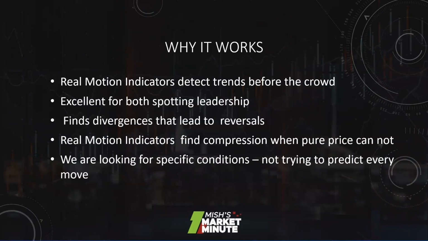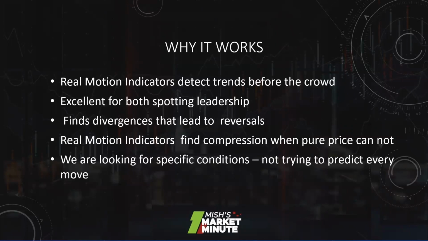So here's why it works. For one, it's a way to measure momentum, and the real motion indicators detect trends before the crowd. It's excellent for spotting leadership, and it also finds divergences that lead to important price reversals.